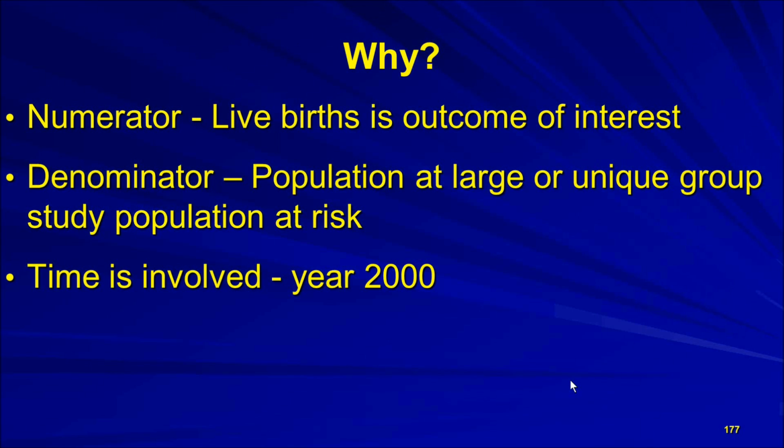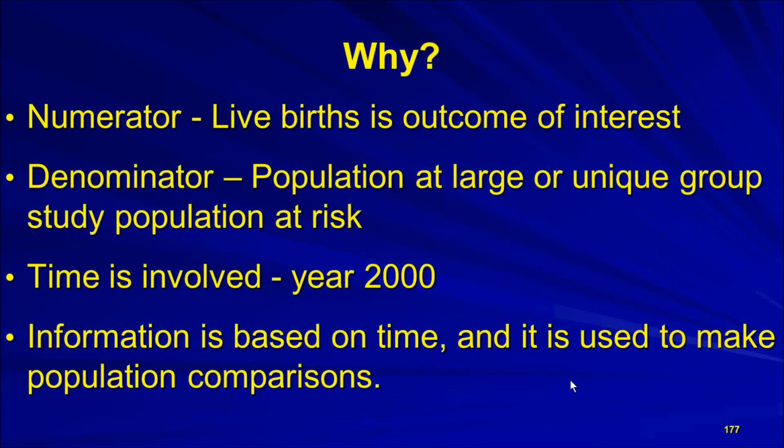Time is involved, the year is 2000. Information is based on time and is used to make population comparisons. And N and D, the numerator and the denominator, are related, and these are the reasons it's a rate. So if you're having trouble, review this, go back to the definitions and the problems that accompany the manual.